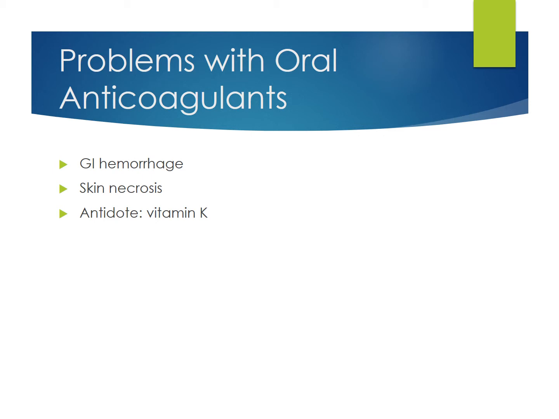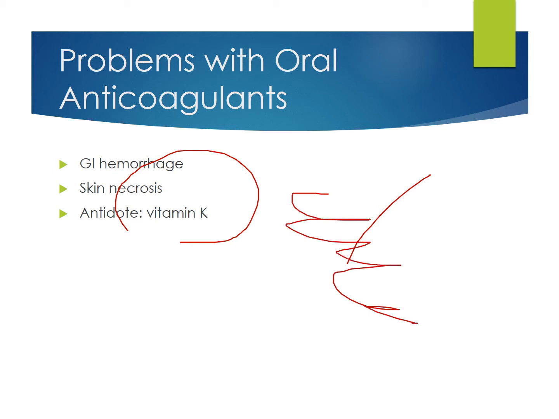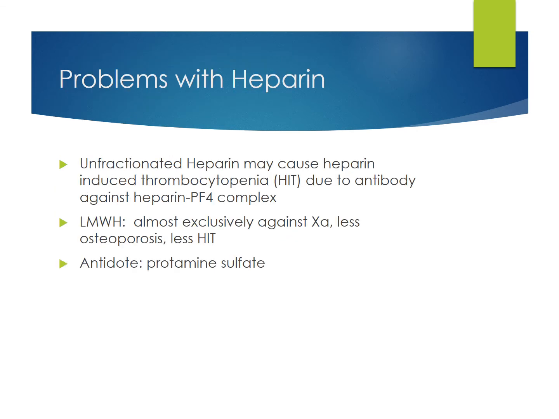And if you do end up taking too much oral anticoagulants, you can take vitamin K because if you go back to your coagulation cascade, vitamin K is a coenzyme that kind of helps that coagulation cascade move forward. So by giving them additional vitamin K, you're helping to counteract that blood thinning.